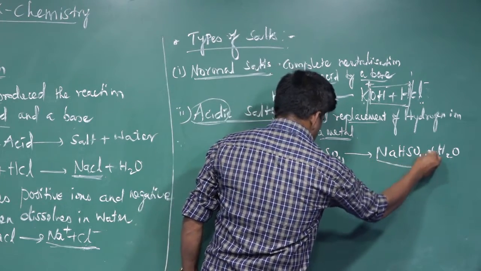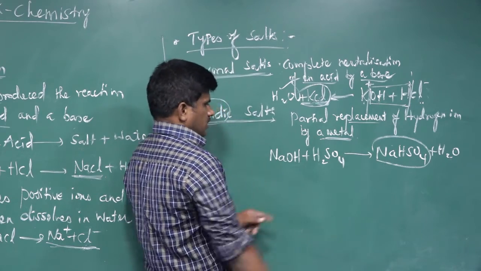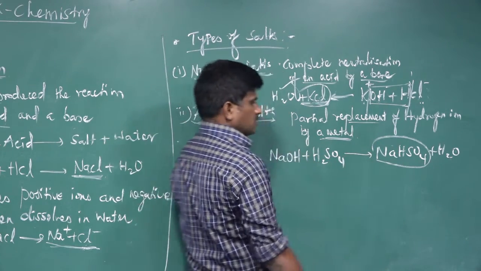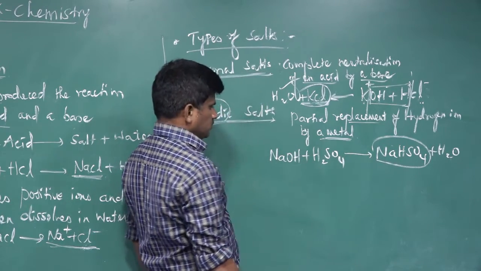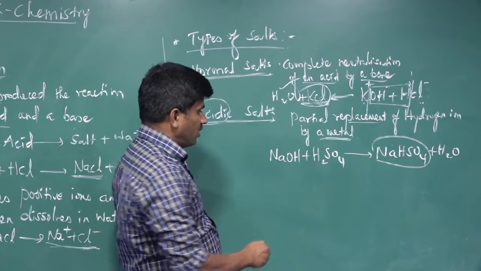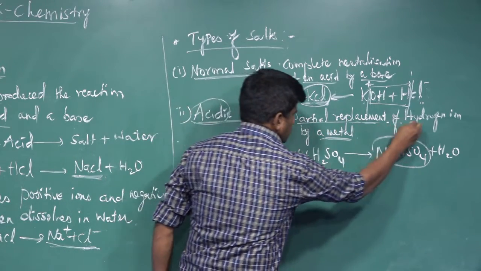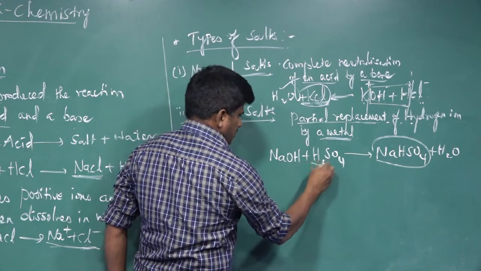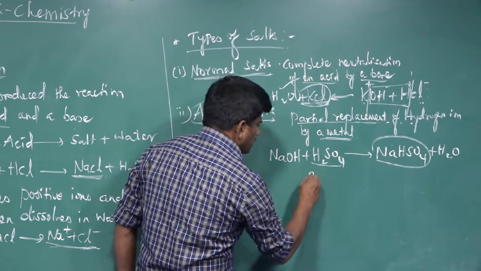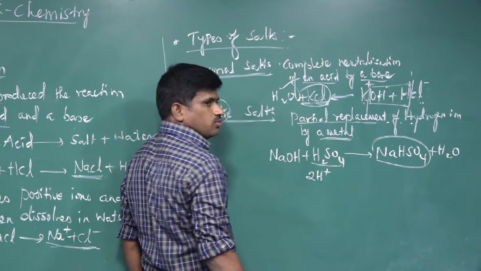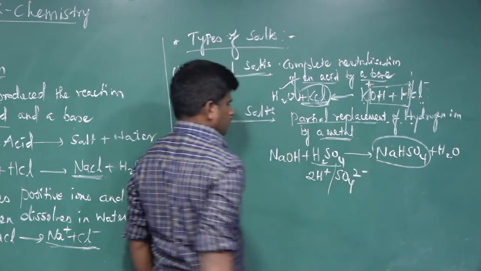This sodium bisulfate, or sodium hydrogen sulfate, is an acidic salt. Here the nature of the salt is acidic. So how is sodium hydrogen sulfate formed? Now you see the definition: partial replacement of hydrogen ion present in the acid. In sulfuric acid there are two hydrogen ions, written as 2H plus and SO4 2 minus.